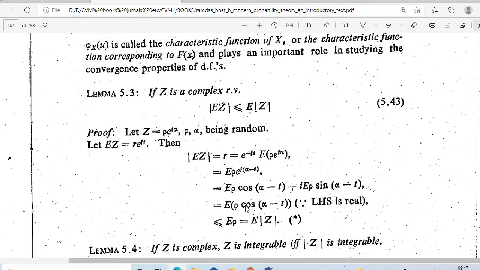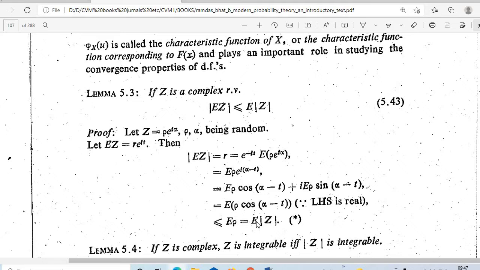But you know that the maximum value of the cos and sine trigonometric functions is 1, so we can replace them with 1. So this is at most the expectation of rho. What is rho? Since we have taken z equal to rho times e raised to i alpha, the modulus of z is rho.